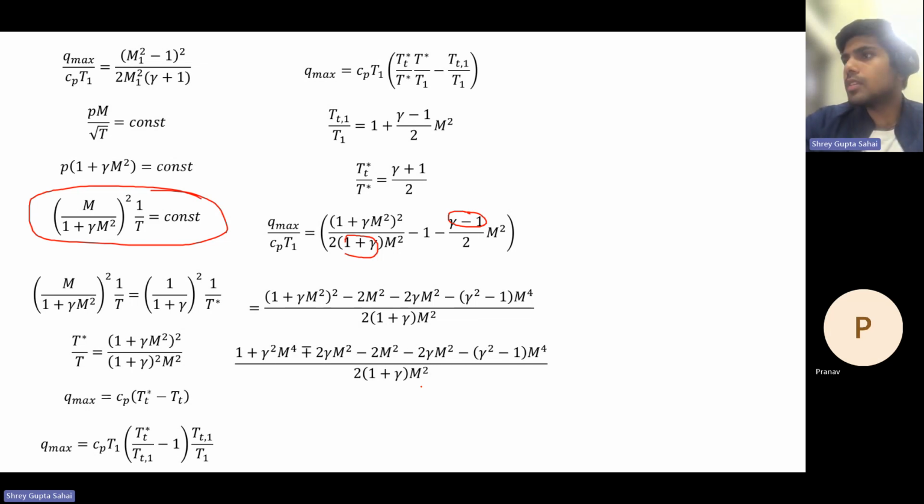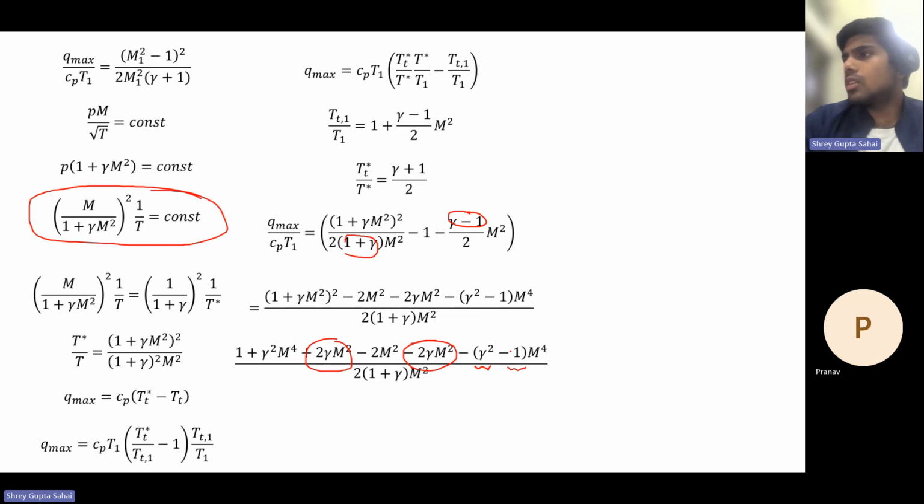See, this one and this one get cancelled, and if you look at this one, this is plus 1, isn't it?